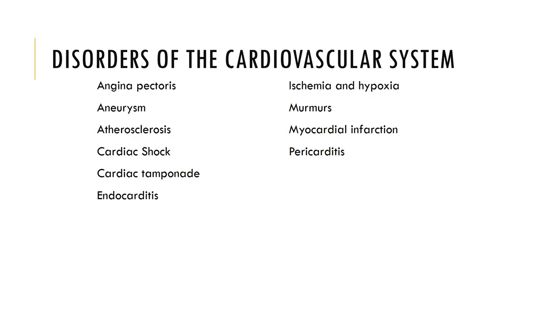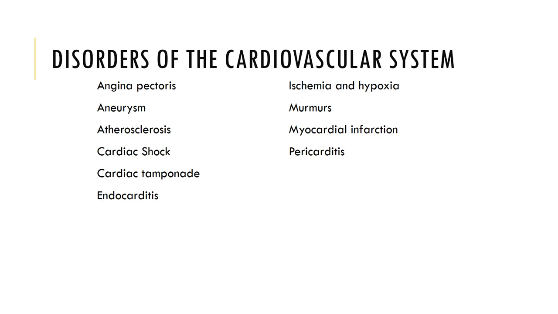Myocardial infarction is a heart attack caused by a blockage or disruption of normal blood flow through the coronary circulation. Pericarditis is inflammation of the pericardial membranes around the outside of the heart.